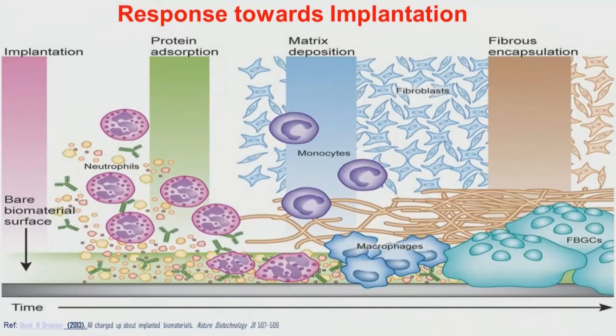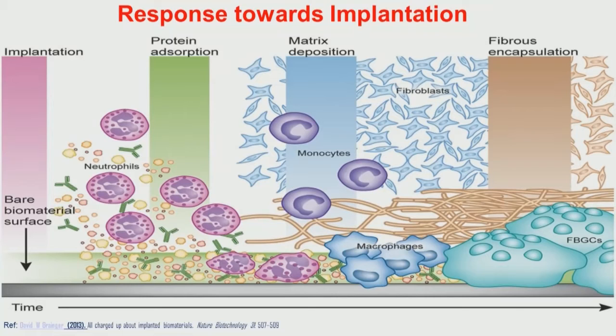Particularly in this slide, I spent a significant amount of time to make you understand that this interaction first starts with the attraction of neutrophils towards the synthetic implant, followed by similar attraction for fibrinogen, protein adsorption.